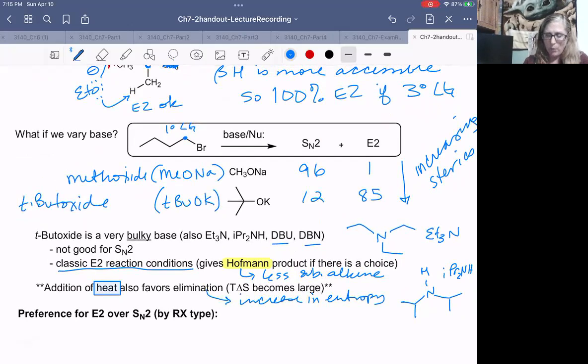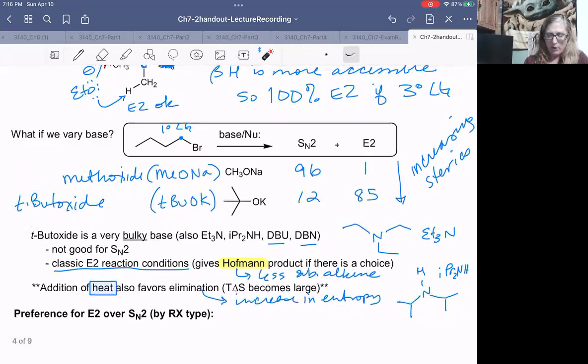Because our delta S is positive, if you increase the temperature, you increase this component of the Gibbs equation, and that makes eliminations more favorable. So a lot of times you'll see heat thrown in there to give us an extra hint that it's going to be an elimination.